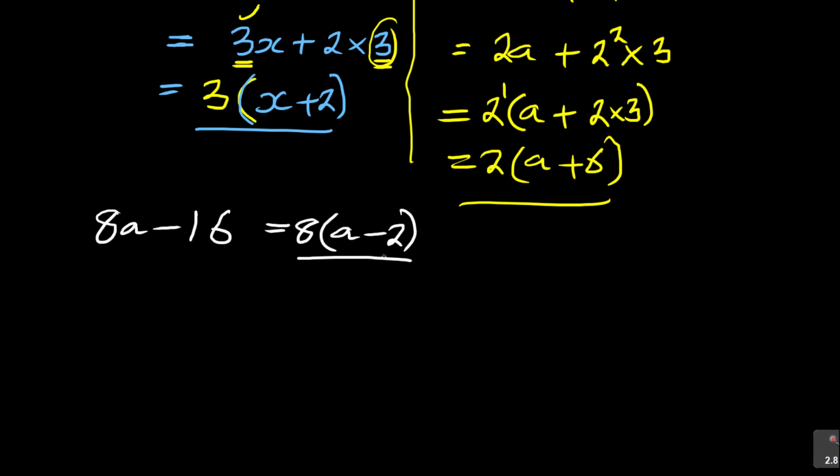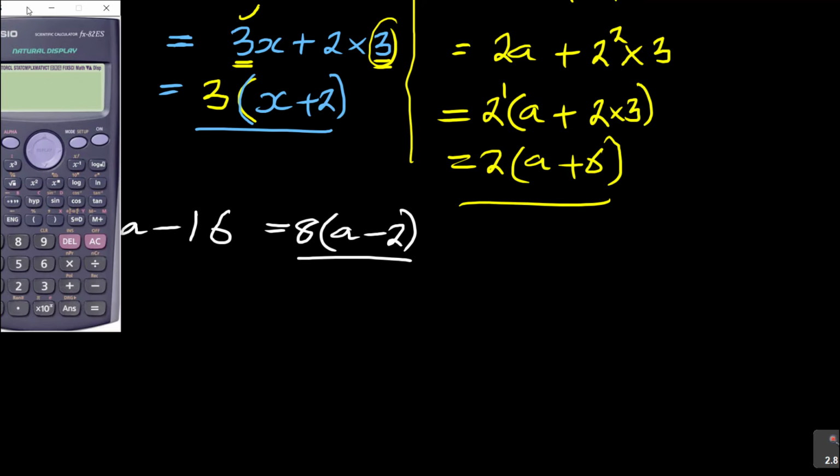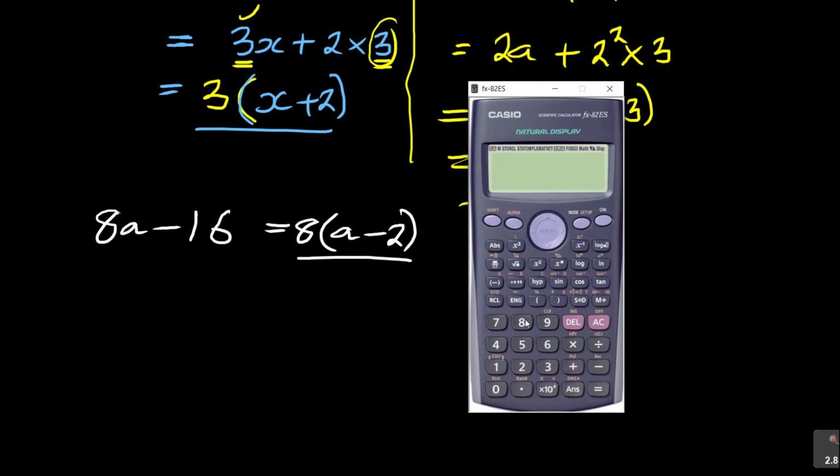But what if I focus on the same method that I showed you? So you say 8 equal to shift, like take a calculator, and then you say 8 equal to shift, you press that, and then you do the same thing, 16 equal to shift, you press that, and tell me what you're getting.